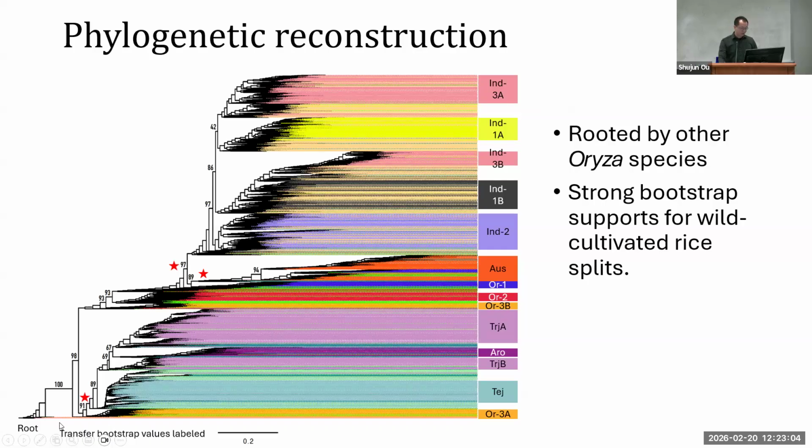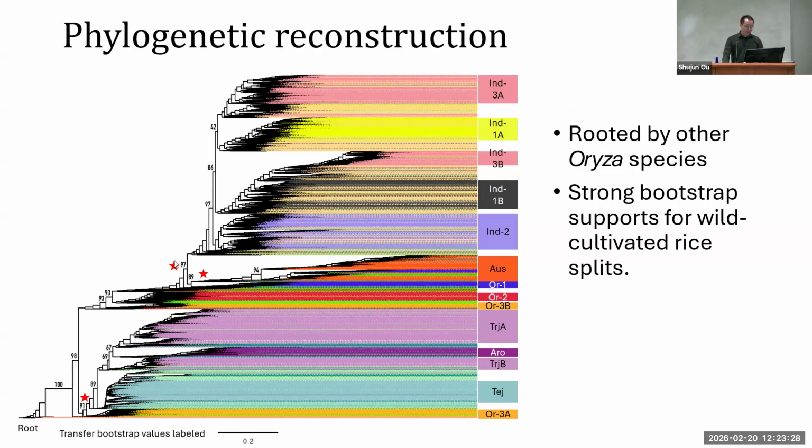And we also use the Oryza species that are not related as roots to orient our tree. Let me move this up. So you see this OR3A as the sister taxon of japonica, and that is very high up in the tree, suggesting maybe there's only one origin.